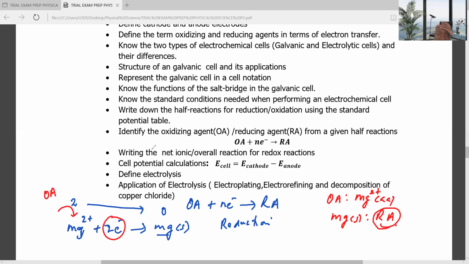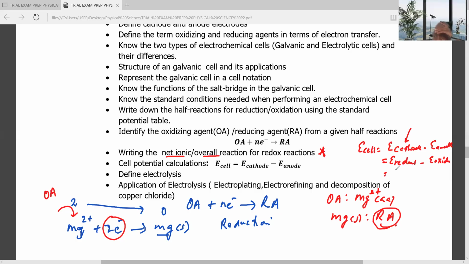Again, you need to be able to write the net ionic reaction or overall for the redox. I think we'll talk about that. Again, you need to be able to calculate the cell potential. Very important. E cell is the E cathode minus the E anode. Let's say you forgot the definition of reduction. In the formulation, they also write it as reduction minus oxidation.